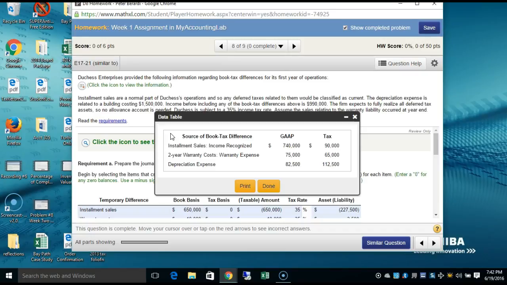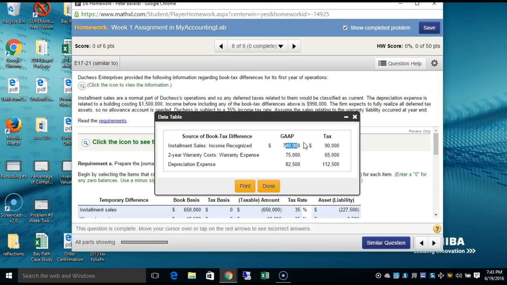So we're paying less tax now, which means we will have to pay more tax in later years, as this $740,000 actually gets paid in latter years. So if we're paying less tax now to be paid more tax later, that is a tax-deferred liability.